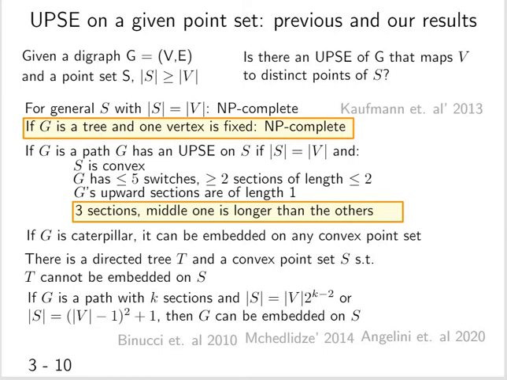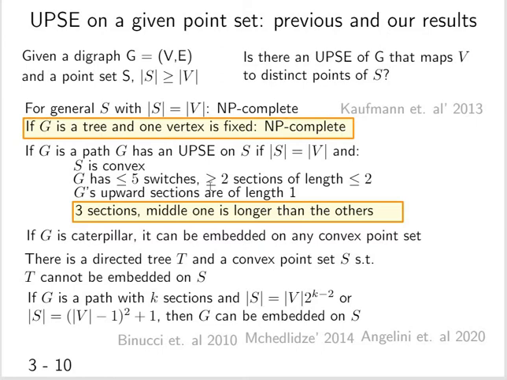Our second result is a positive one. We just enlarge the family of paths that admit our upward straight line embedding. If our point set is not convex, beforehand we had several results for paths, but there were very restrictive cases in the length of sections.